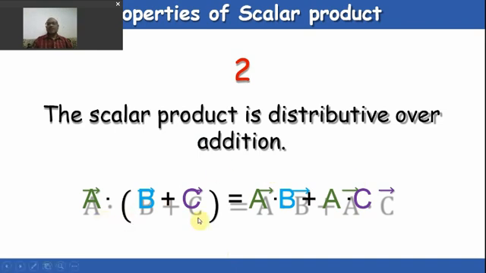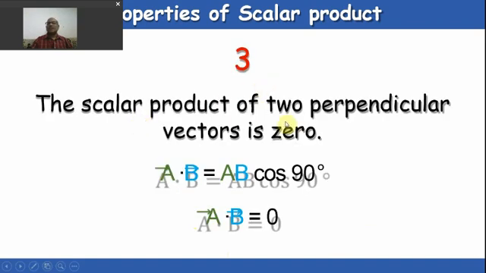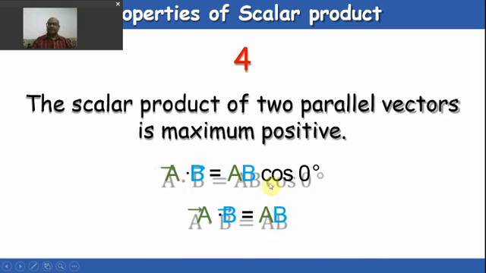So A dot (B plus C) will be first multiplied by B and then by C, so A dot B plus A dot C is the result. The third property is that the scalar product of two perpendicular vectors is 0. Why? Because for two perpendicular vectors the angle between them is 90 degrees and cos 90 is 0. So A dot B is equal to 0.